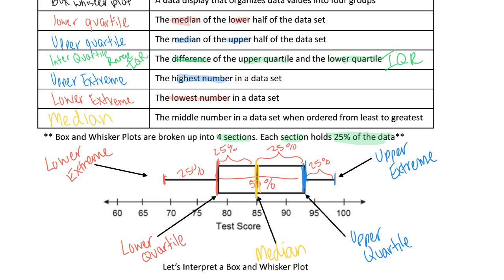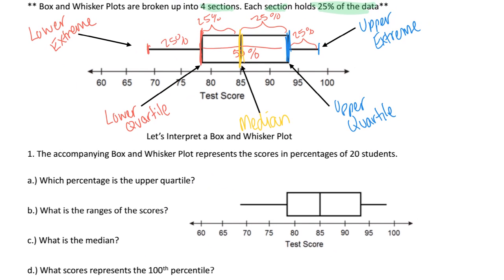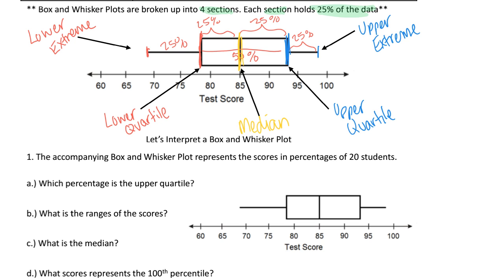Okay, so what I do on every single one of my box and whisker plots is write a little reference. I write that this is my lower extreme, this is my lower quartile, this is my median, this is my upper quartile, this is my upper extreme.